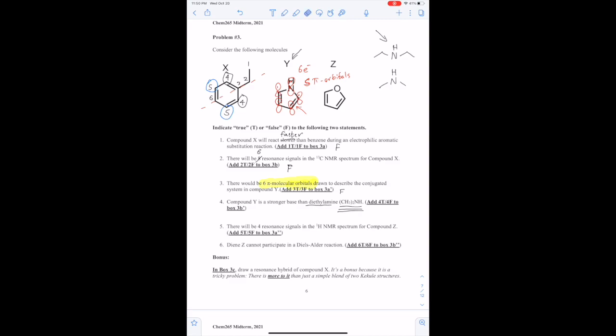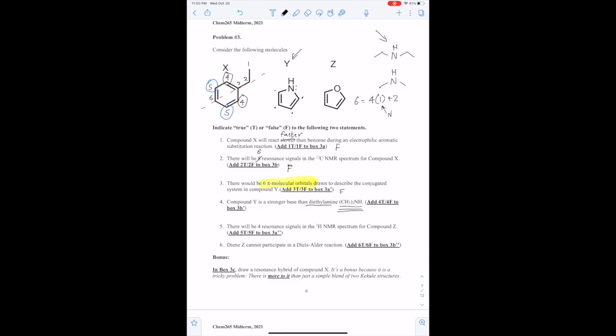So on Y, let me just get rid of this. On Y, we have 1 electron, 2 electrons, 3, 4, and then, as I said before, there are 2 electrons on the nitrogen because of the lone pair. That comes down to 6 electrons in total, which is 4n plus 2, with n being 1.